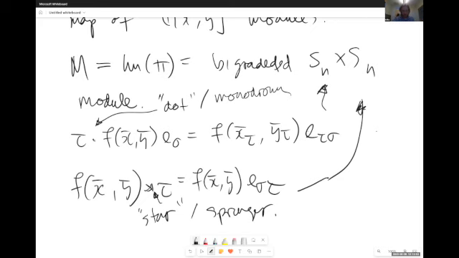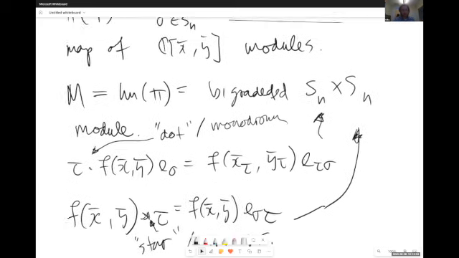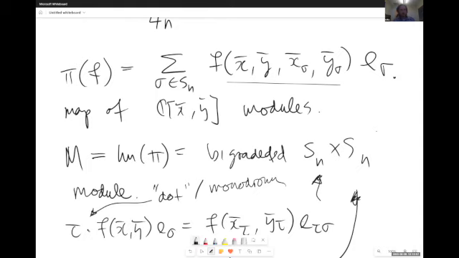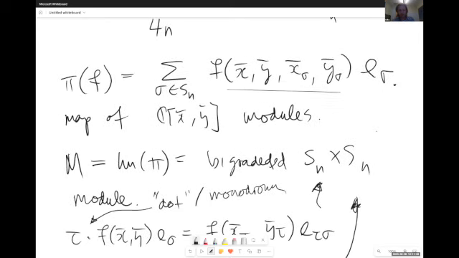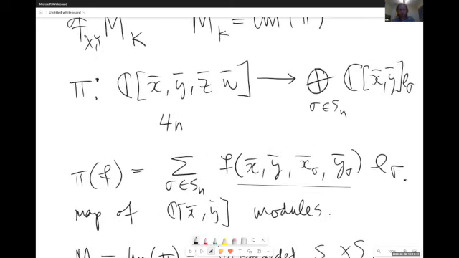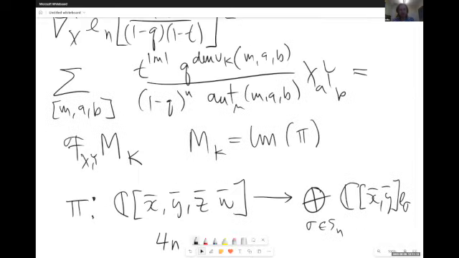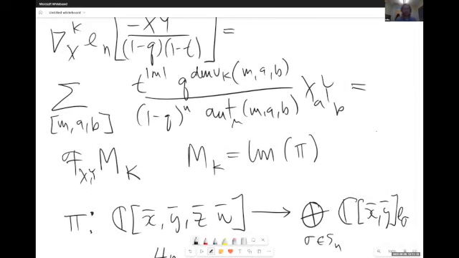Okay, and so now what I'm saying is, right, so what I've just given you here is an infinite dimensional, doubly graded S_n cross S_n module. And so anytime I have a graded representation of the symmetric group, I can take its Frobenius character. Since I have two different commuting S_n actions, what I really get is a symmetric function in two different sets of variables.